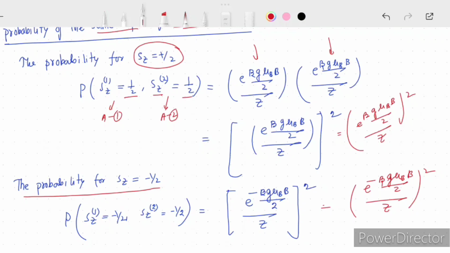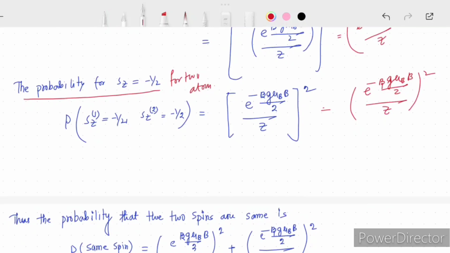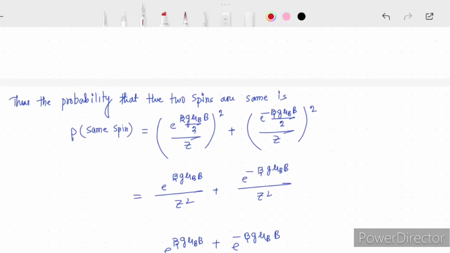This is the probability for Sz equals plus half for two atoms, and the probability for Sz equals minus half for two atoms. Now the probability that the two spins are the same. This is a very easy question, we just add these two.